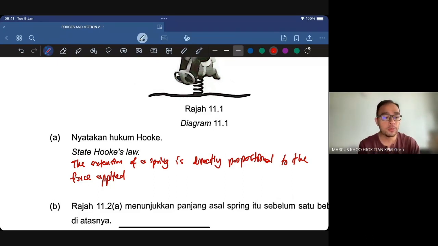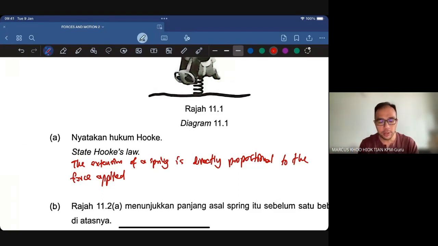For example, Ohm's law in electricity: potential difference is directly proportional to current. But the condition is as long as it's an ohmic conductor, the physical state is the same and something is constant. There's a condition set to it.